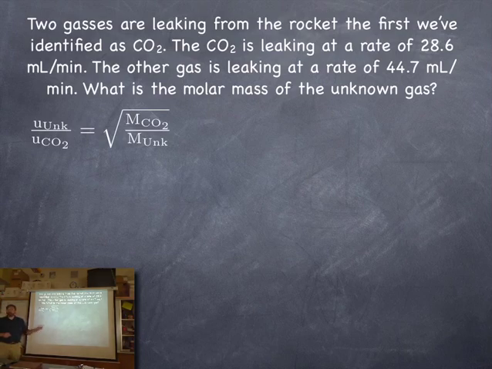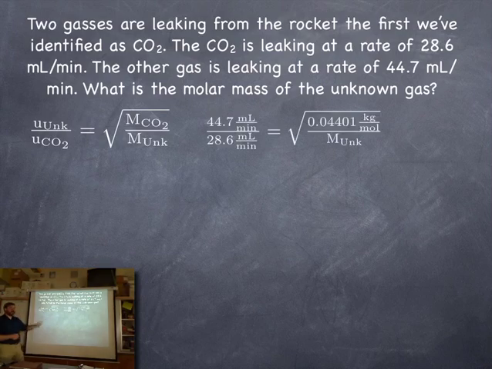All right, have you done your substitution? Where does the 28.6 go? That's the rate of effusion of carbon dioxide. And the 44.7 is our unknown that goes here. What's the molar mass of carbon dioxide? 44.01.